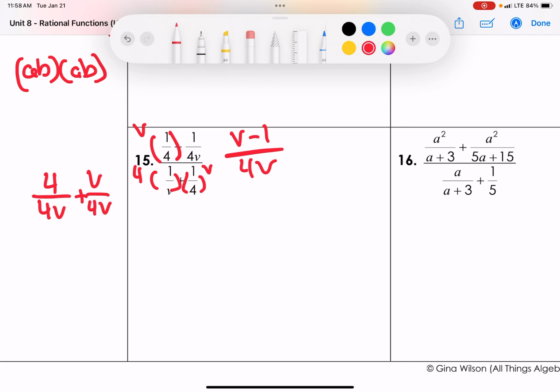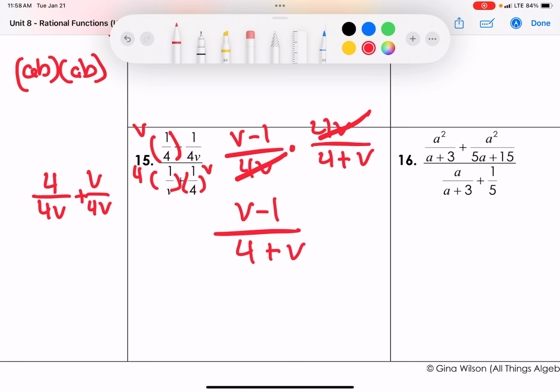So when I flip it, now it's going to become 4v over 4 plus v. All right, well, this is simple. The 4v's cancel out. I'm left with v minus 1 over 4 plus v. And that is my final answer. All right, that's it.